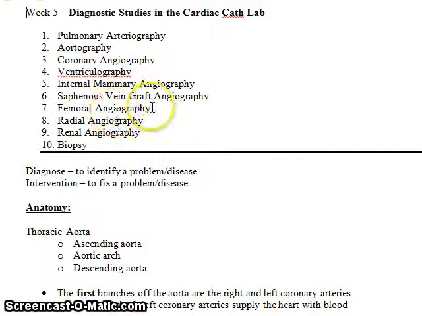Femoral angiography has more to do with access, which we will talk about more in depth. Same thing with radial angiography, that's how we access the arterial system. And then the renal arteries as well, needing to know where those are located and that those are lateral branches.